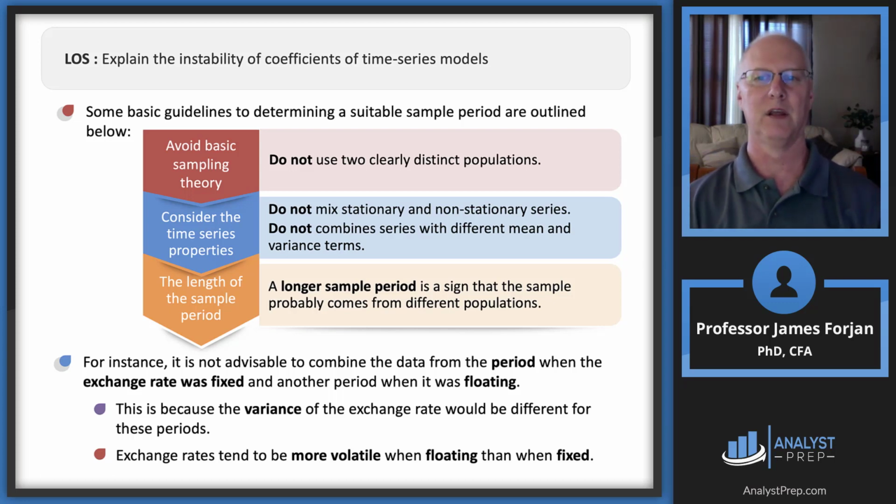Two distinct populations. Do not mix stationary and non-stationary time series. Do not combine series with different means and variance terms. All right, that makes perfect sense. The longer sample period is a sign that the sample probably, not definitely, but probably comes from different populations. All right, that all makes good sense.